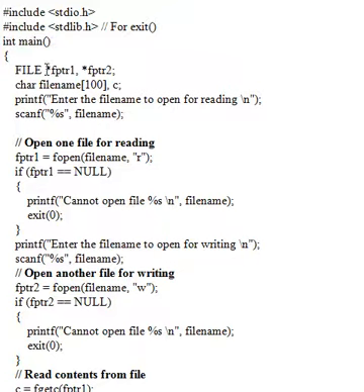Here I am taking two file pointers, fptr1 and fptr2. So these two are pointer variables. In these two file pointer variables we can store the starting address of the files.